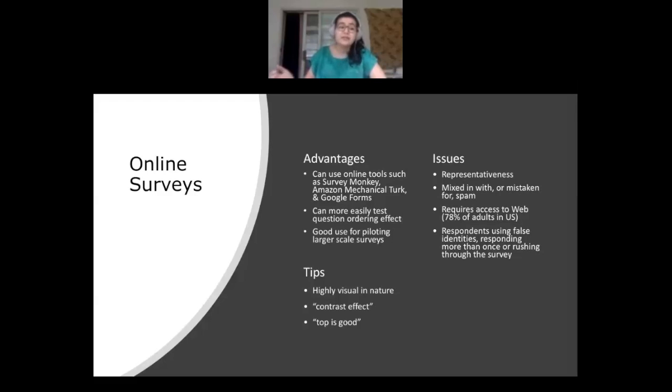And only about 78% of the population has access to the internet. So you're inherently getting a biased sample because we know that the people who do have access to the internet tend to be younger, better educated, white, and have higher income. So inherently you have some bias in the responses that you are able to get in the entire sample frame.